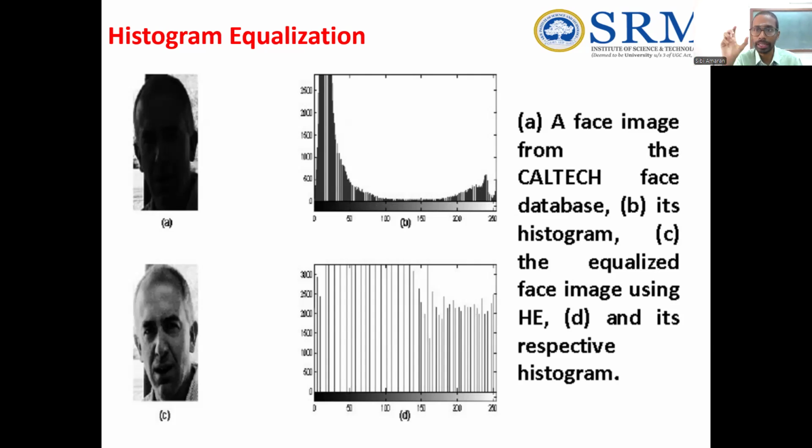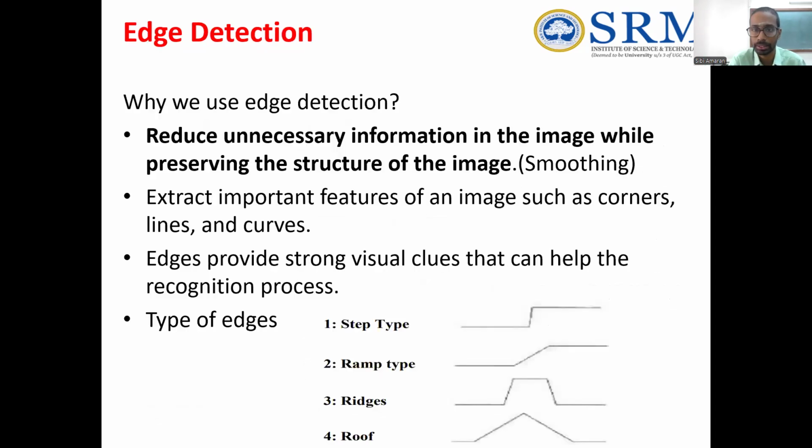I mean, we highlight only the important points. You can look at image C, where histogram equalization occurs. For improving the quality of the image, the techniques we are going to use are image segmentation and image enhancement, which we will discuss in the upcoming lectures.